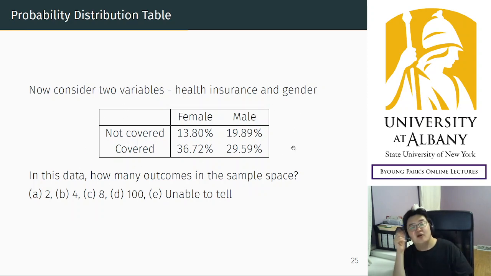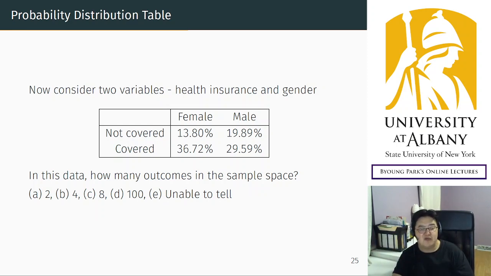By the way, the maximum number of variables is at most two to make such a simple distribution table. If you have three variables, you have to have at least three dimensions, or you have to have multiple two-dimensional tables.